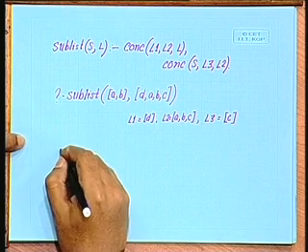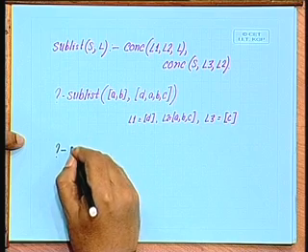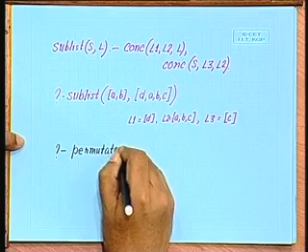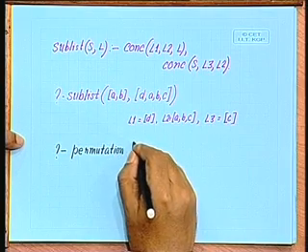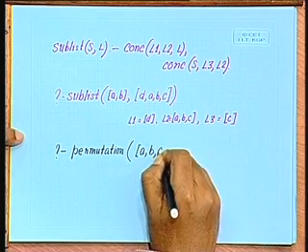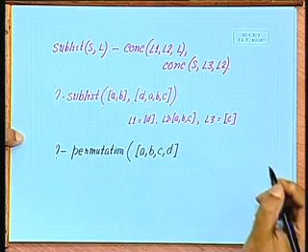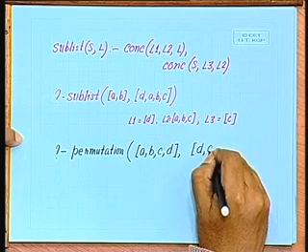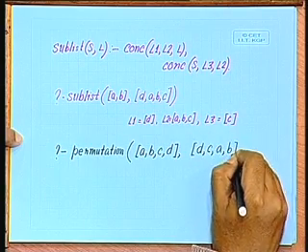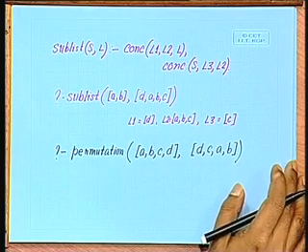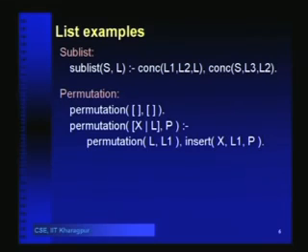Anyway, so let us say that we are looking for the goal where we are looking for permutation, say... So, if you look at the second rule here, then it is not going to match with the first rule because the lists are not empty.